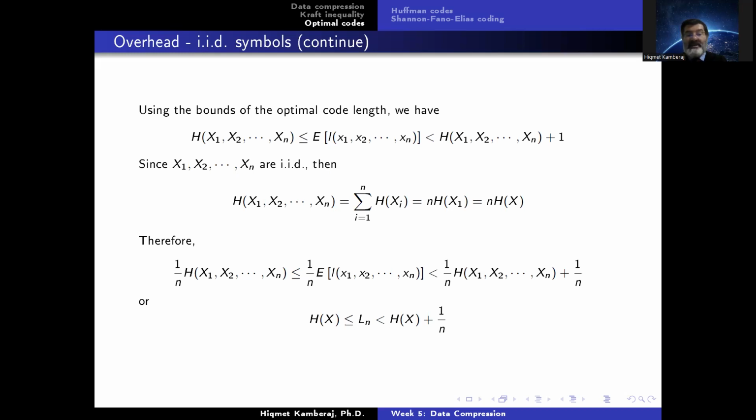Now, if you replace the joint entropy with n times H of X, then you get H of X less than or equal to L_n less than or equal to H of X plus 1 over n. You should notice here that H of X is also the so-called entropy rate.